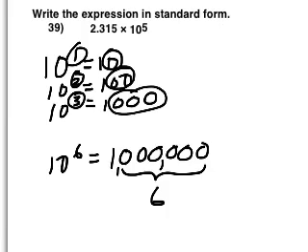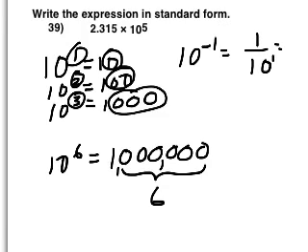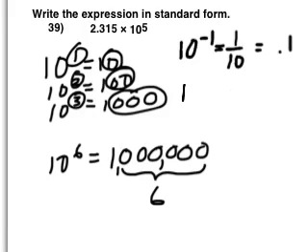Okay, so what if we went 10 to the negative 1? Well, we know what that means is 1 over 10 to the 1 power, or just 1 over 10, right? Also, we could write it as a decimal. It would be 0.1. 10 to the negative 2 power would equal 1 over 100. 1 over 10 times 10, right?